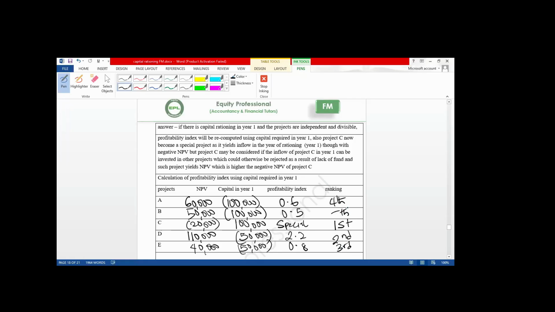Examiner says capital rationing is now in year 1, and the projects are divisible. We now go to project selection.